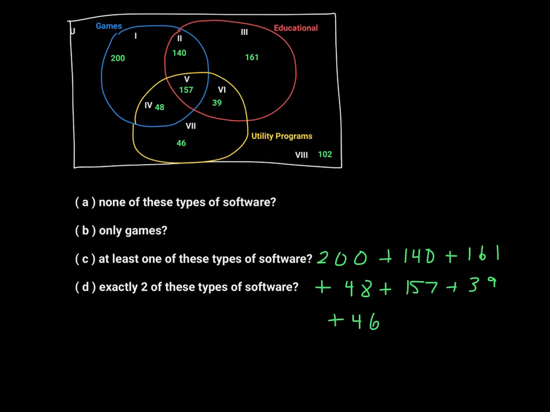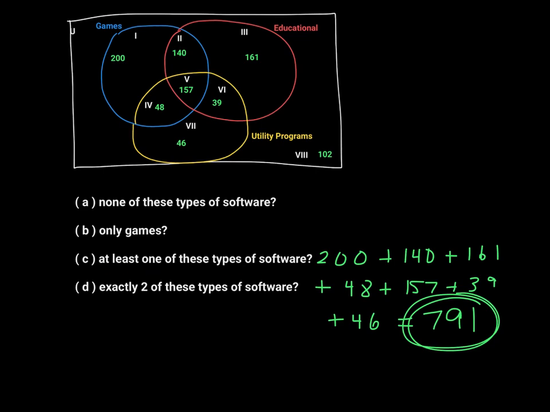And this is cool because the Venn diagram allows us to not add customers twice. If you use some of the information that was given initially before we constructed our Venn diagram, you're probably going to end up adding customers more than once. This total here should be 791. That's how many customers purchased at least one of these types of software.